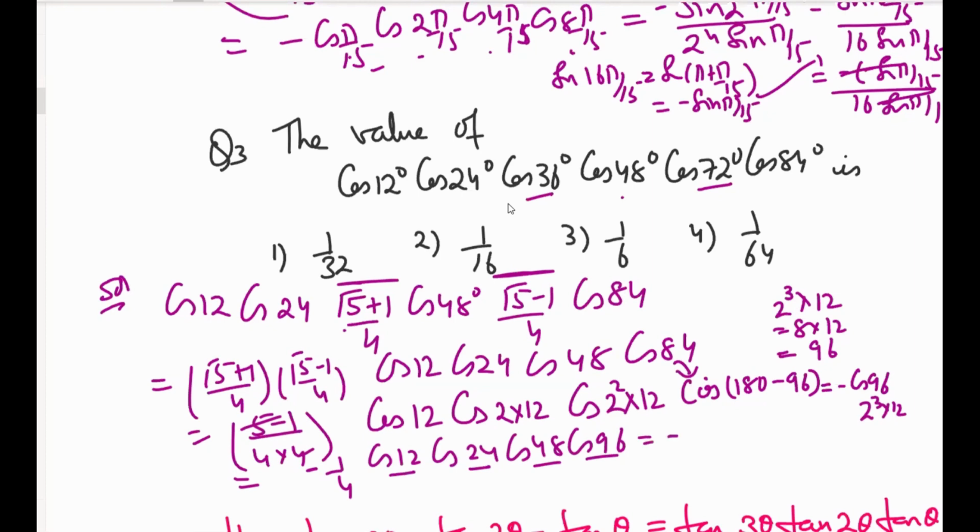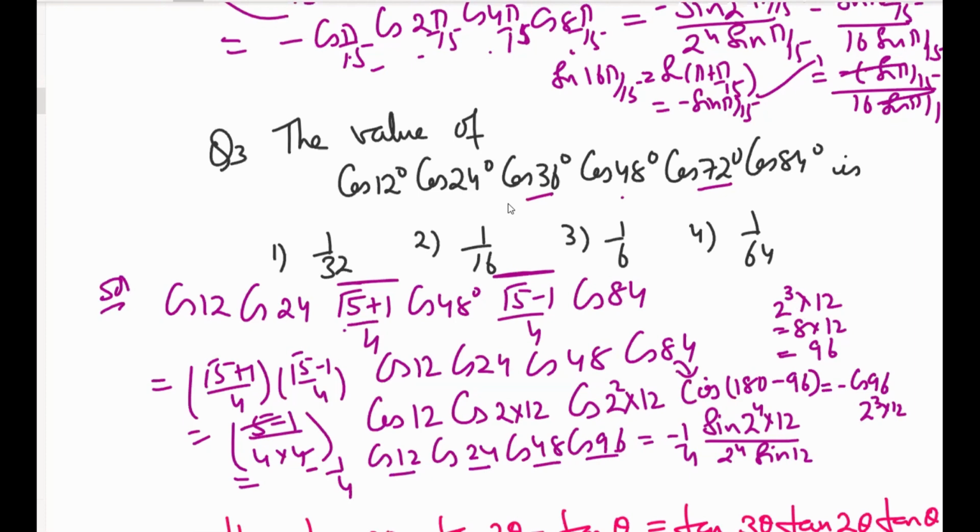So again my n is here 1, 2, 3, 4. I have 4 terms, so that is sin(2⁴ × 12) upon 2⁴ × sin 12. So you get a hint here because the answer is in numbers. My answer may be 4 into 2⁴, that is minus 1 by 64 or plus 1 by 64.